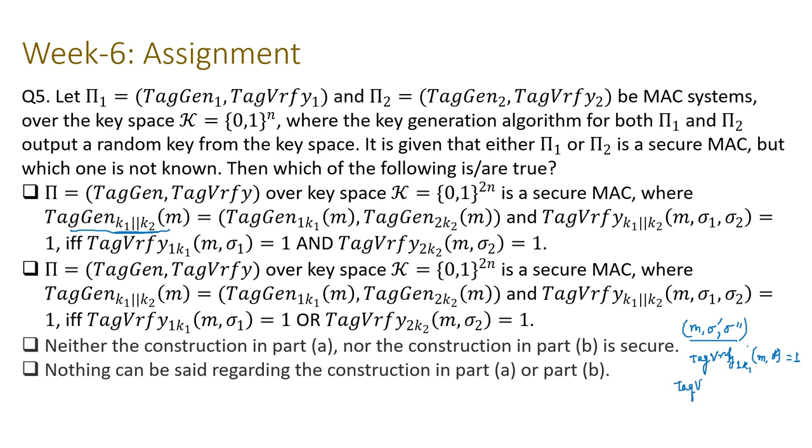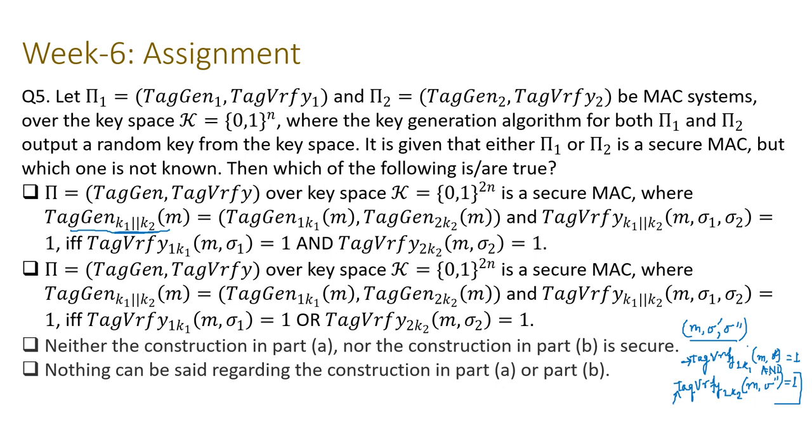However, to get this test to pass, that tag verify 2 with key k2 with m and sigma double dash is 1, this is hard to achieve because pi2 is still secure. So because these two conditions are combined with an AND between them, even though the first condition passes, the second condition will prevent pi from accepting m, sigma dash, sigma double dash as a valid tag. So pi remains secure in this case.